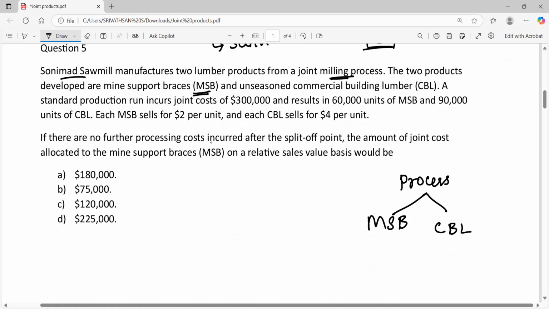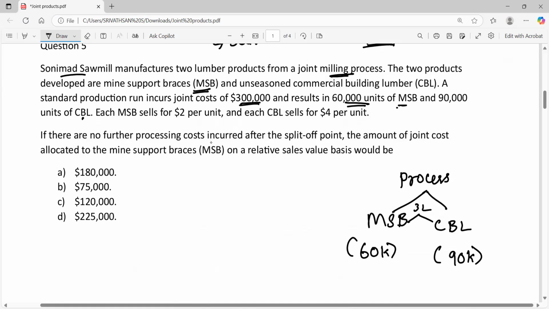A standard production run incurs a joint cost of 3 lakh rupees. So for producing both product MSB as well as CBL, we have incurred a joint cost of 3 lakh. So this 3 lakh should be allocated between MSB and CBL, which results in 60,000 units of MSB and 90,000 units of CBL. So we have produced 60,000 units of MSB and 90,000 units of CBL.